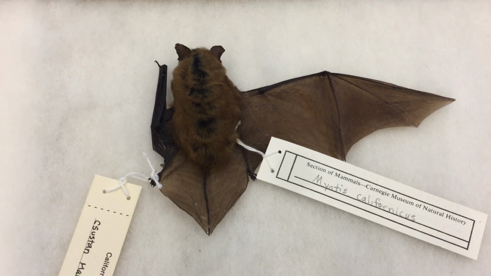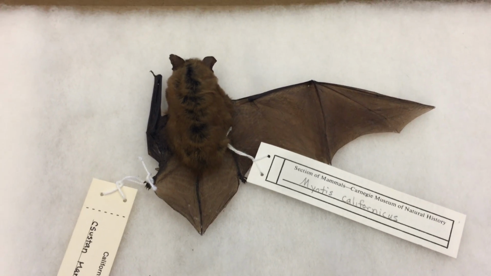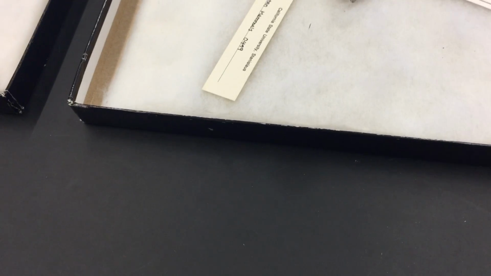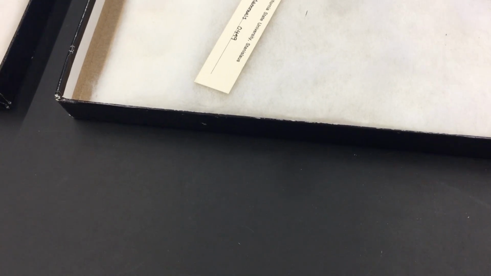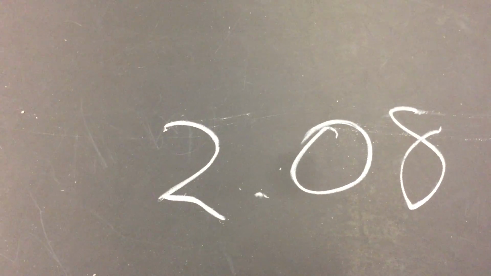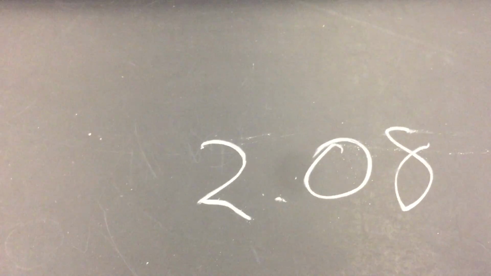So what would you say about its ecology? What would you think the index is for this one? 2.08. Again, it's got a relatively low aspect ratio.